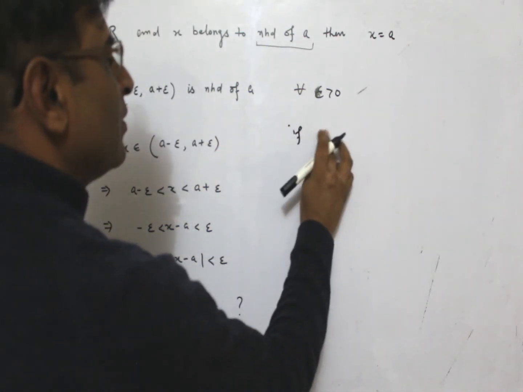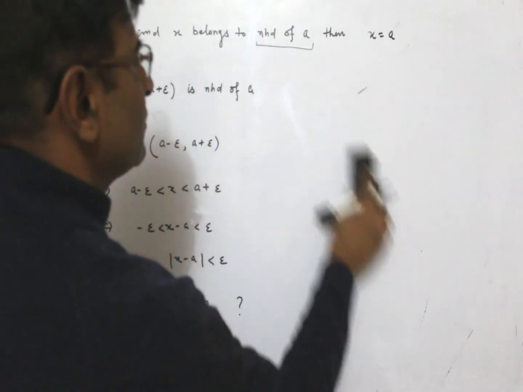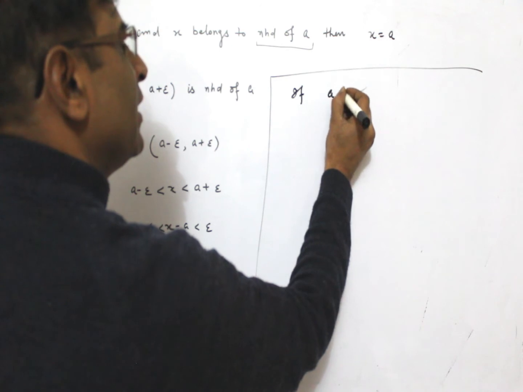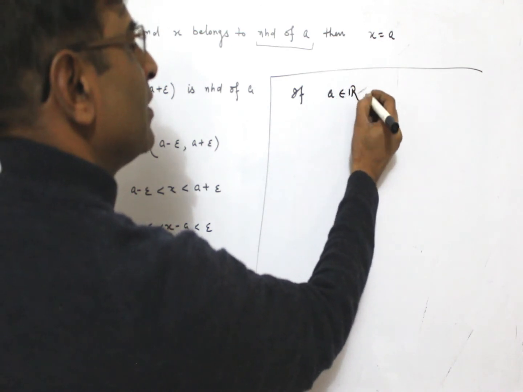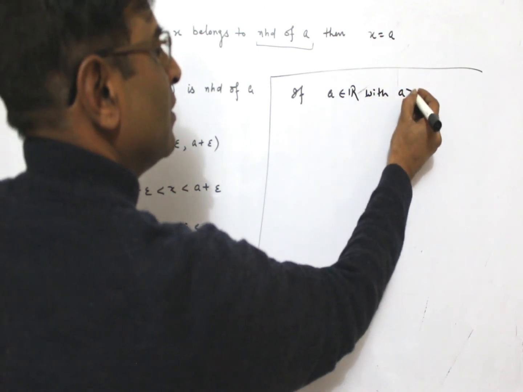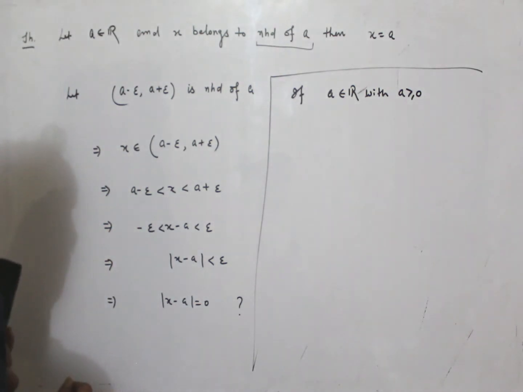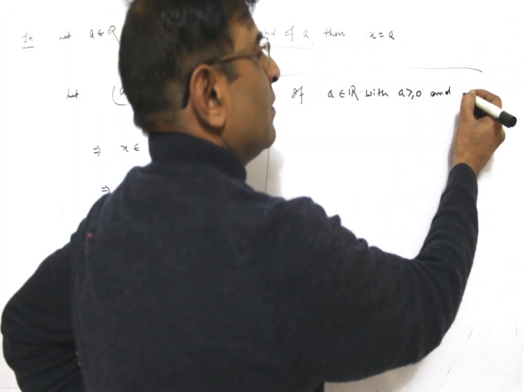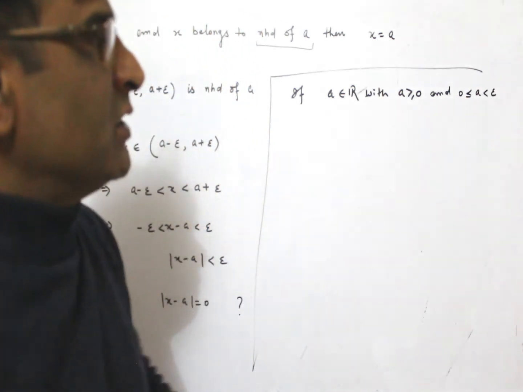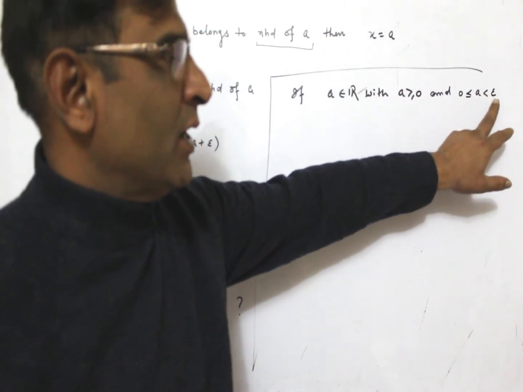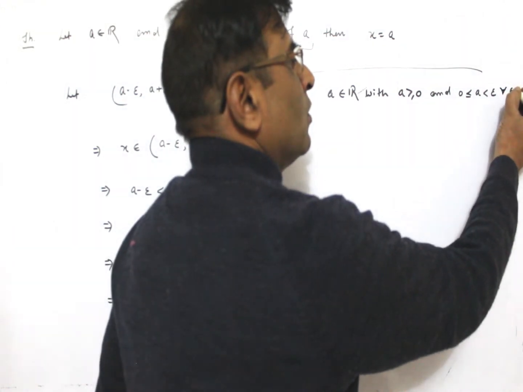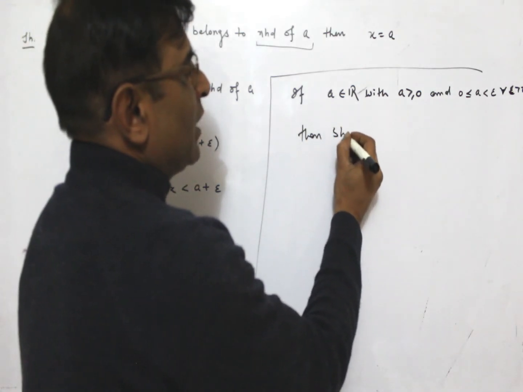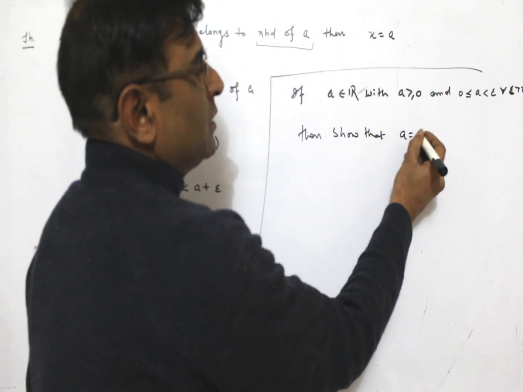A small theorem I prove here: if A is some real number with A non-negative, and for each epsilon, A lies between 0 and epsilon for all epsilon positive, then show that A is equal to 0.